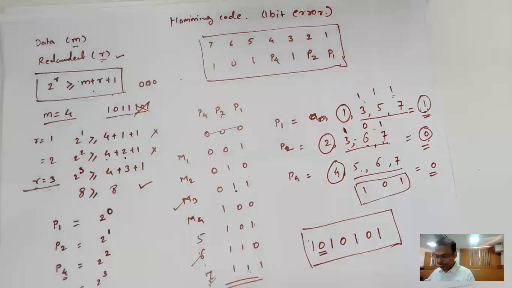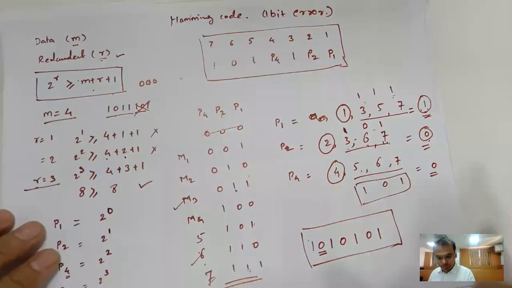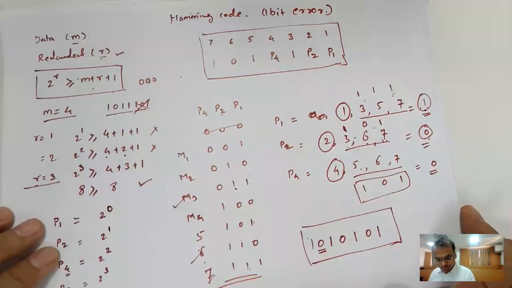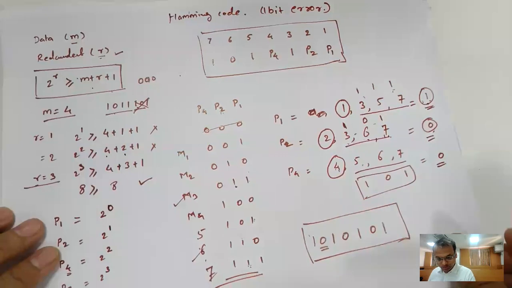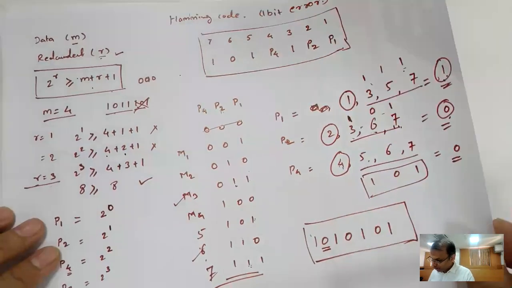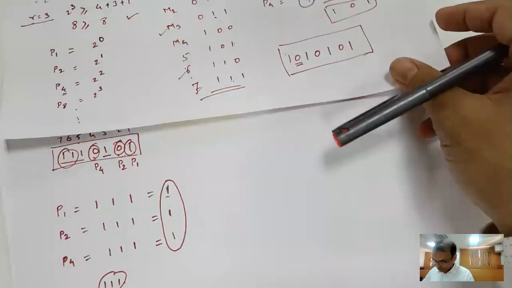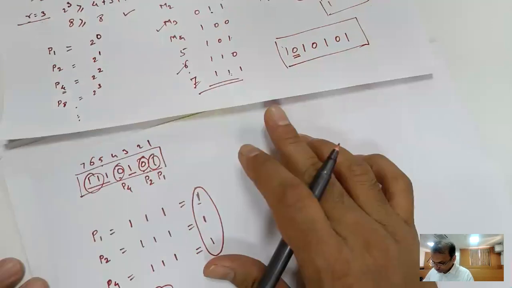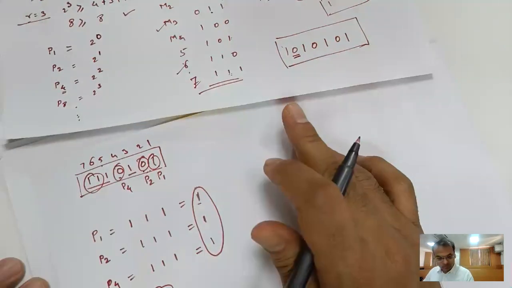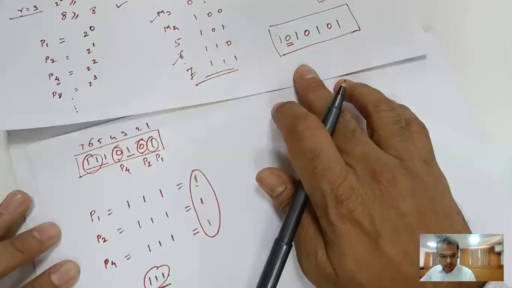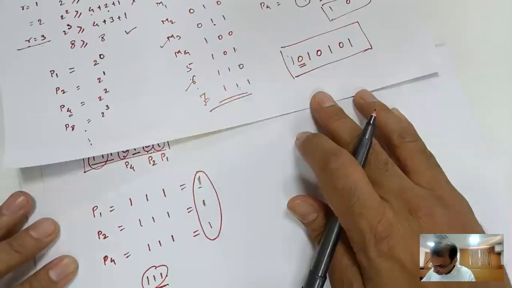Yes. So how did we come to know that the seventh bit is changed? How do we come to know that? What is the question? Sir, how did you know the seventh bit is changed?